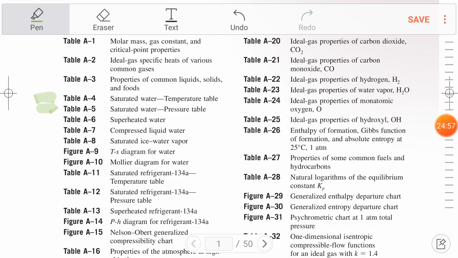When it is arranged by pressure, we have 0.1 kilopascal, 2 kilopascal, and along with them the temperatures 101, 102, and so on. A6 is superheated vapor, A7 is the compressed liquid water table, and after that we have saturated ice-vapor, etc. So let's move on towards A4.